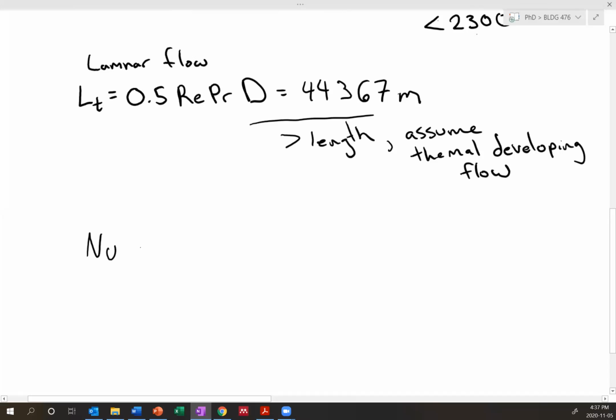so this gives us our equation for Nusselt's number, which by definition is hD over k.